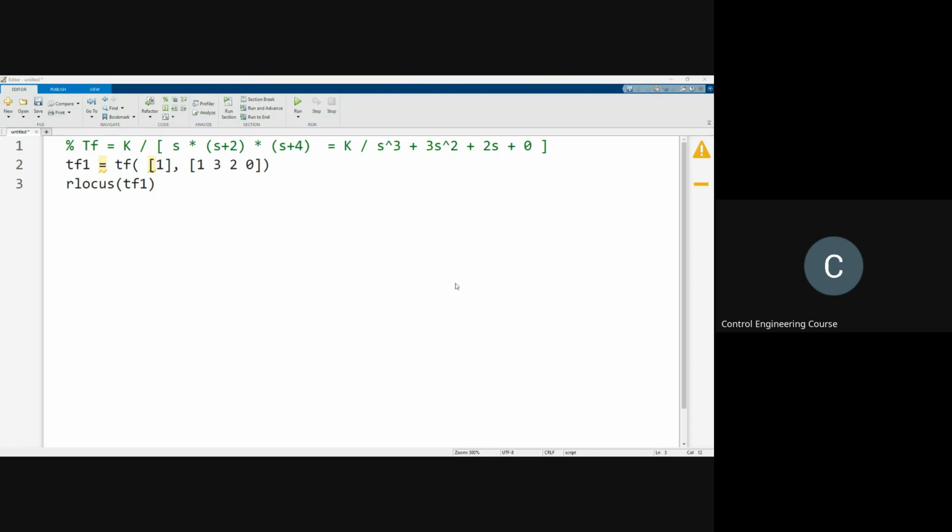So this is the root locus plot. If you see closely, you can see the poles here. Is it visible? One pole is here. Oh, it is not there. I presented this on screen.